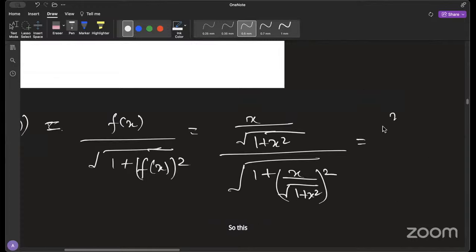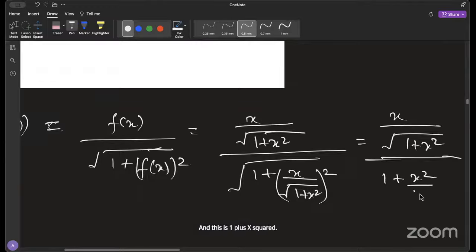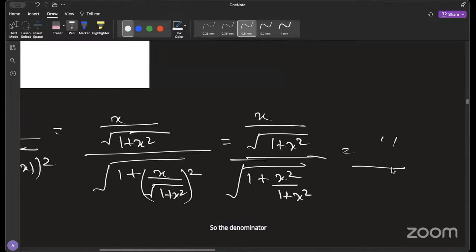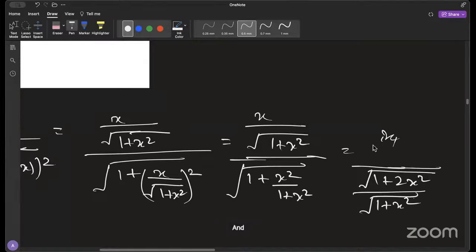So this is x over 1 plus x squared, and this is (1 plus x squared) over (1 plus x squared) squared. So the numerator remains the same, and this becomes square root of 1 plus 2x squared over square root of 1 plus x squared, and this was x over 1 plus x squared.